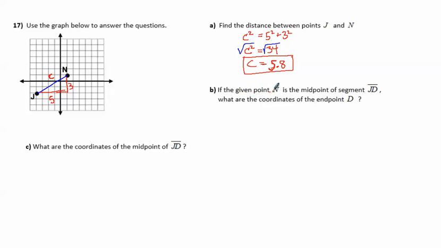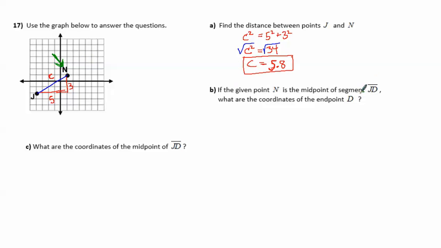Now they're saying if the given point n, and let me clear this up here for you. Actually, if the point n, which is given right here, they are telling you that the given point n is the midpoint of segment JD. You might be thinking, wait a minute, there's no point D here.